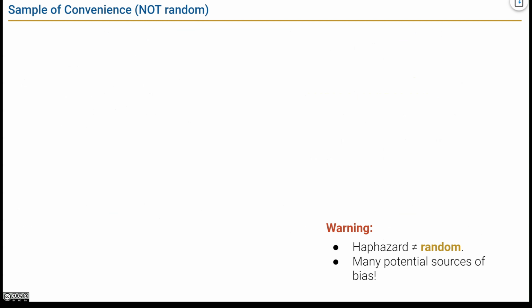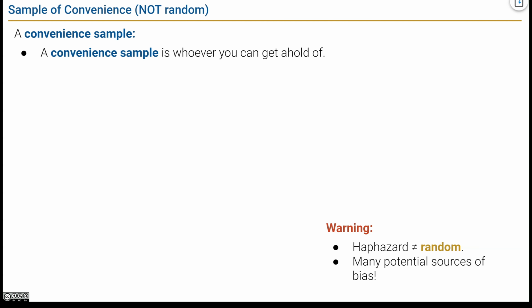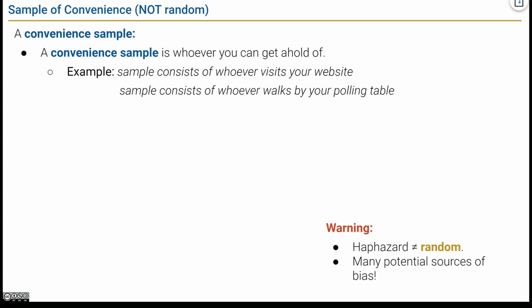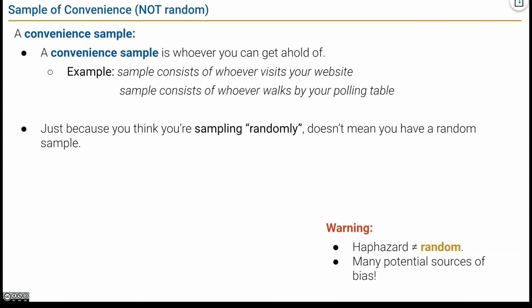I want to contrast this with a convenience sample. So a convenience sample is when you sample whoever you can get a hold of. For example, whoever visits your website or whoever walks by your polling table. Even though that may feel like you're sampling randomly from that group, right? Maybe I randomly sample people who visit my website.